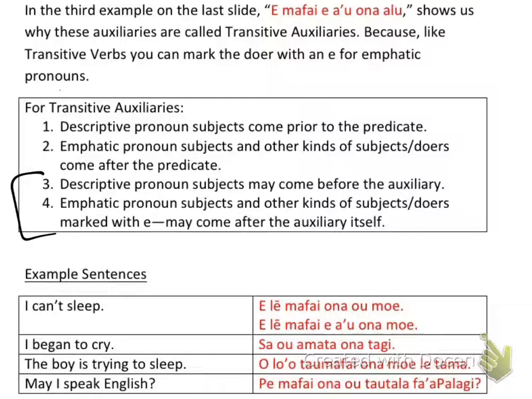So this is descriptive pronouns come before the auxiliary. Or I could have emphatic pronouns or other kinds of subjects and doers, and I mark those with an e that come after the auxiliary itself, okay?